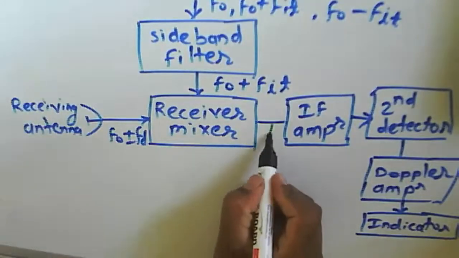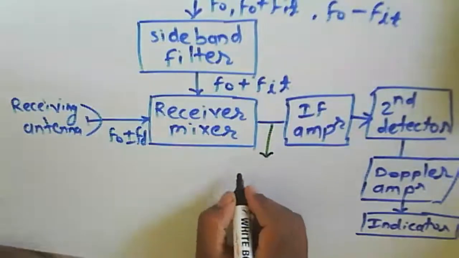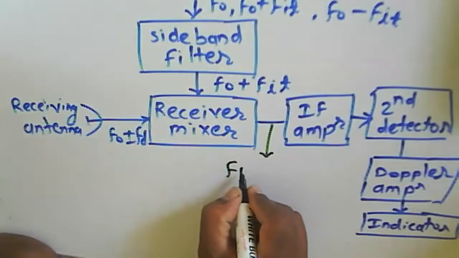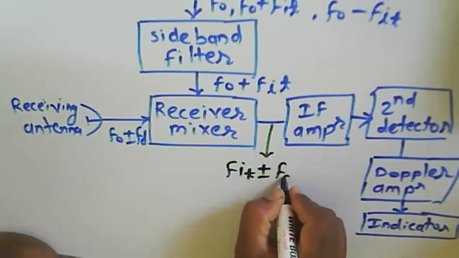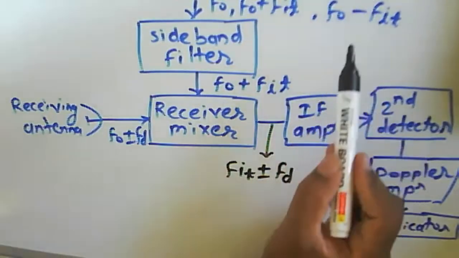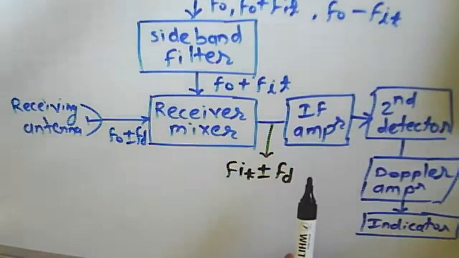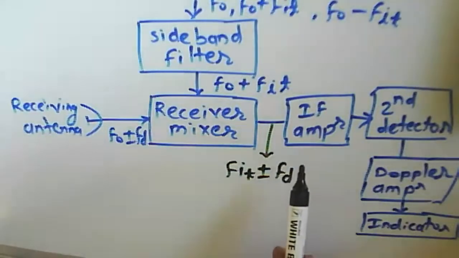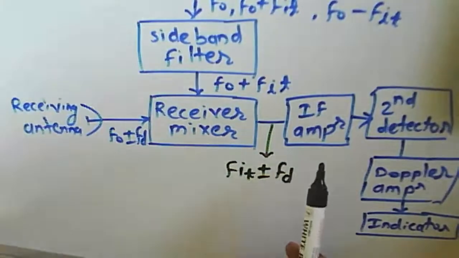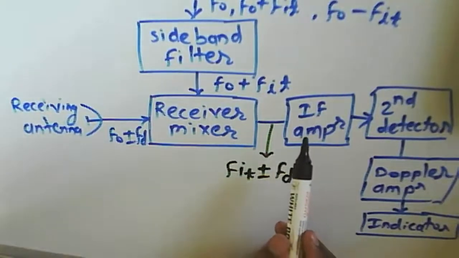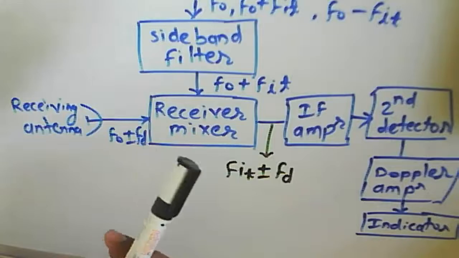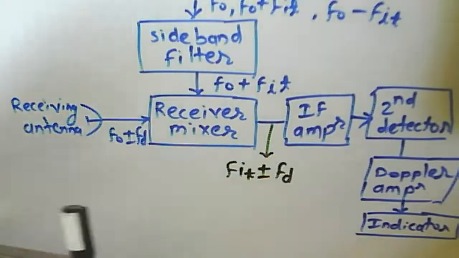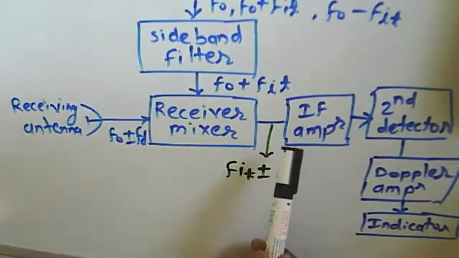at this place we are getting the signal that is about what? We say that f_IF plus or minus f_D. That is about f_IF here, plus or minus f_D. And that is useful here to identify exactly what will be the value of this Doppler shift here.